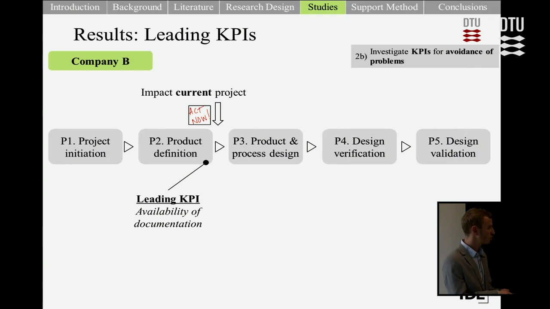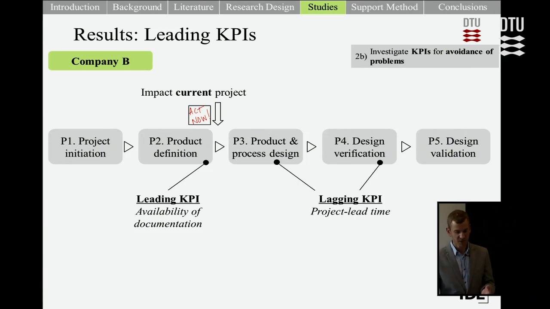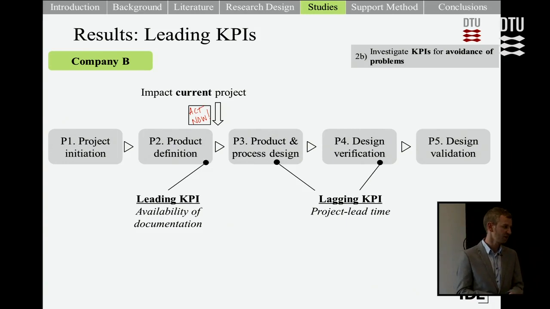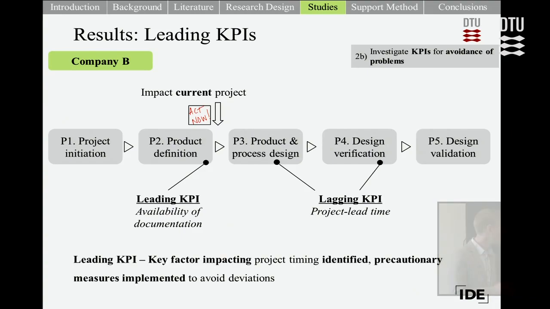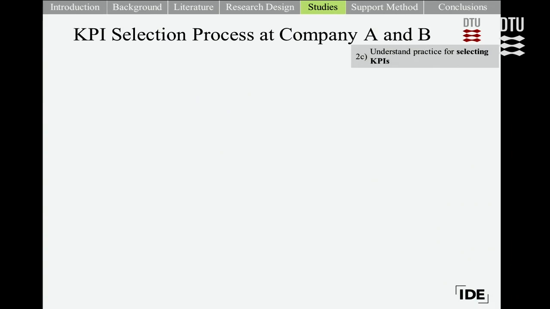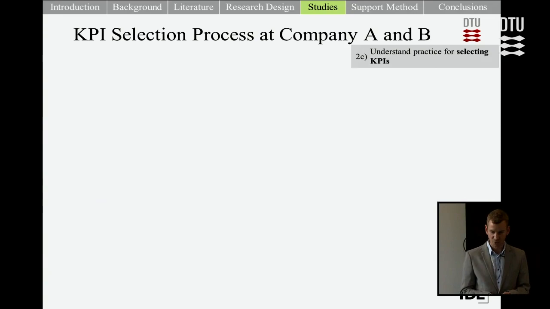And this impacted the current projects, and then they used the lagging KPI to monitor the project lead time to see how this impacted the timing of the project and avoided missed deadlines, for example. So here the key factor impacting success was identified and a precautionary measure was implemented to avoid these deviations along the process. So the selection process, the interviews, provided the understanding towards this at the companies.